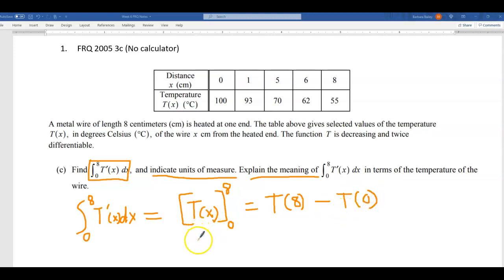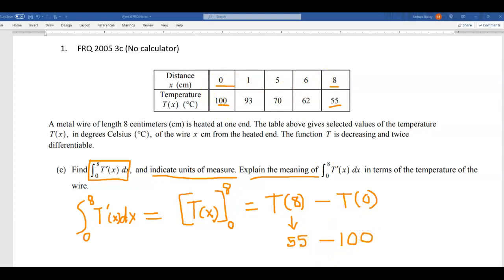And from here, we're going to use our table. What is t of 8? So basically, what we have to do to answer this question is you have to find where 8 is in your table for the distance, and then you look at the t value that goes with it. It's 55. So this one here is 55 minus, and then t of 0 is 100.